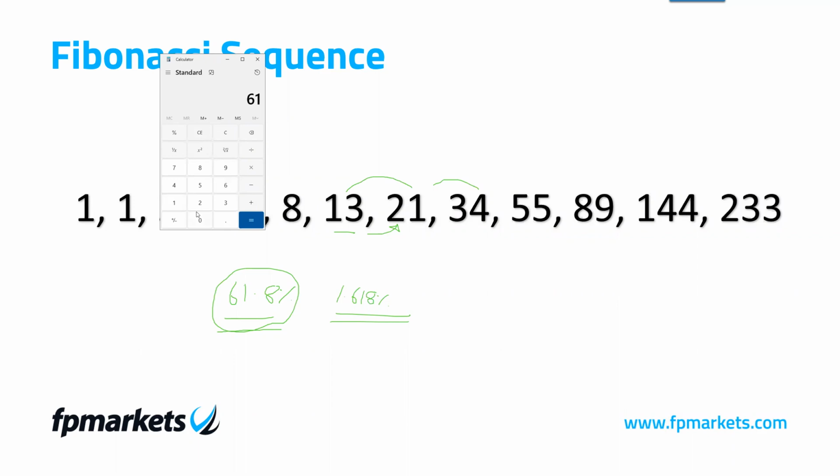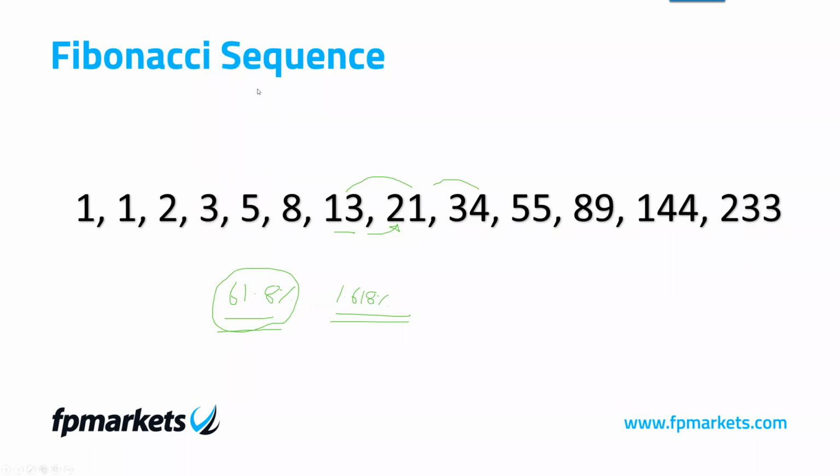So take the square root of 61.8, and that will give you 0.786. For the 88.6, we take the square root of 78.6, which gives 0.886. And that will give you your ratios. So these are the main ratios that I use in my trading.